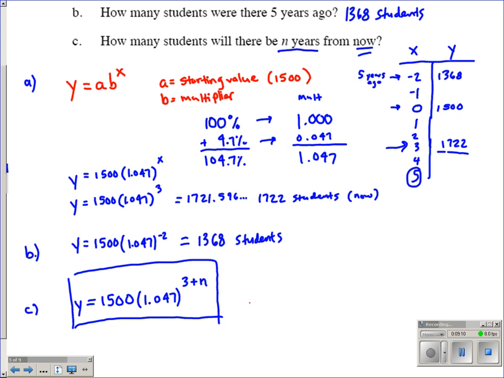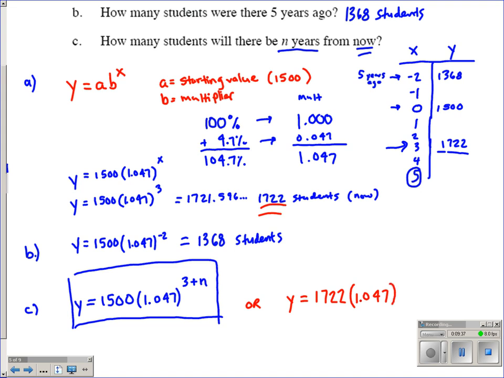Some of you may think about it from what our population is right now. Another possibility you could come up with is saying our population right now is 1,722, and it's going to be growing by the same growth rate, which is 104.7%.